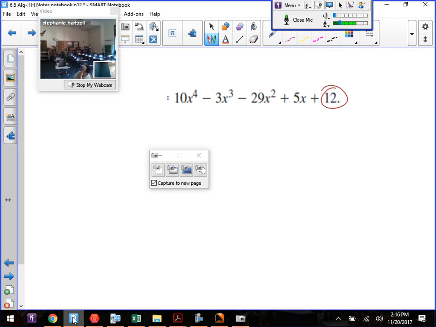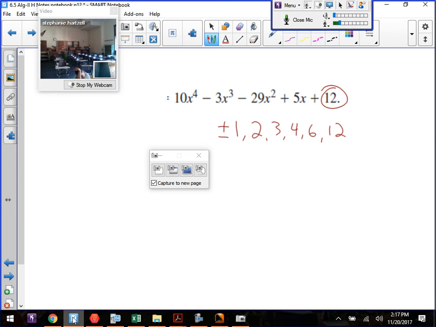What are all the possible factors of 12? 1, 2, 3, 4, 6, and 12. And the reason I wrote plus minus is because I can take -1 times -12, and I can get 12. 2 positives, 2 negatives.